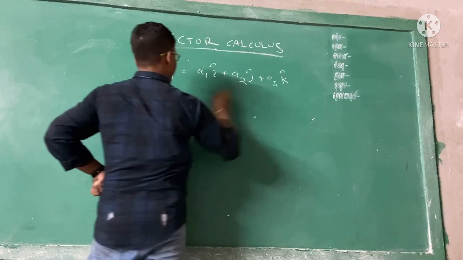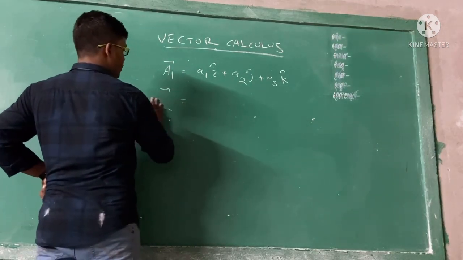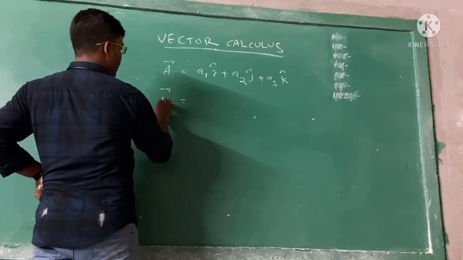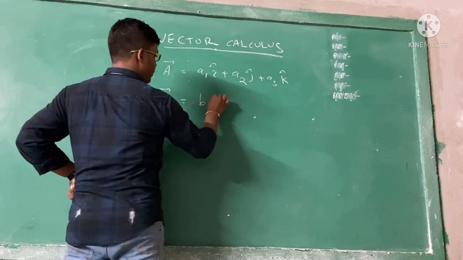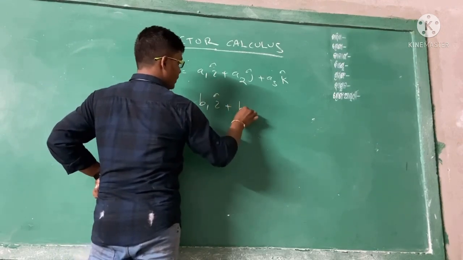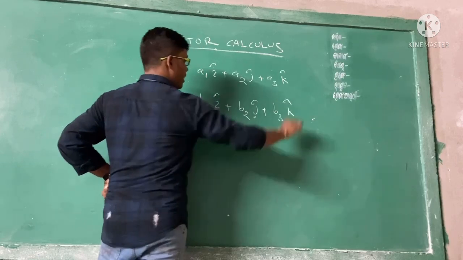So we have vectors, a and b. The b vector is b1 i cap plus b2 j cap plus b3 k cap, and the a vector is a1 i cap plus a2 j cap plus a3 k cap.